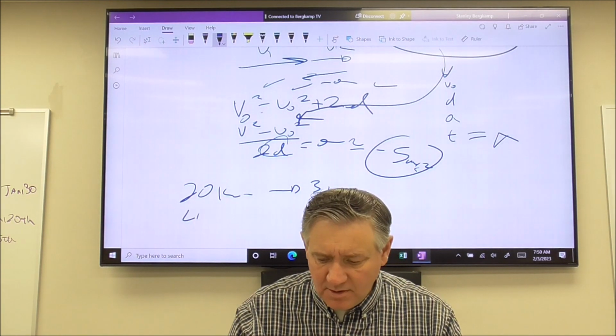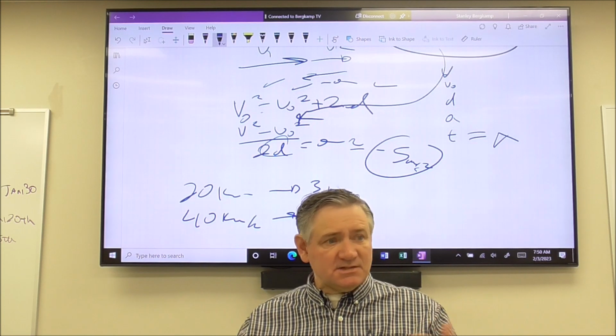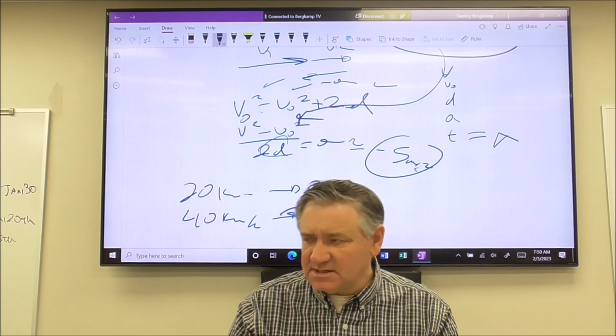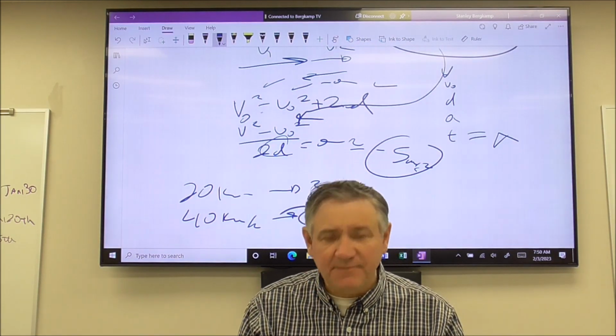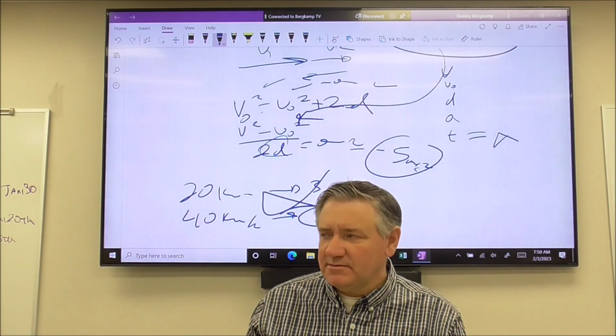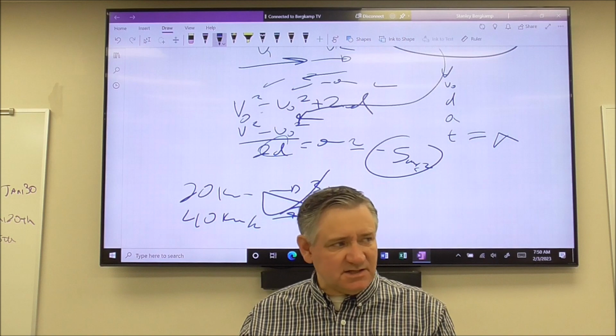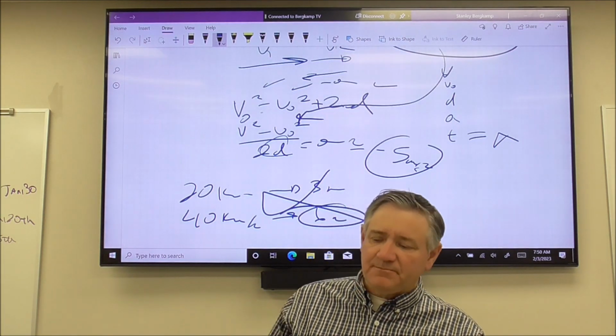Well, now I'm going to go 40 kilometers per hour. If I double my velocity, I should double my distance, and it should take 6 meters. Okay, you're tempted to do that. Don't. Because it's not a linear relationship. That's why you can't say it's just going to stop in 6 meters.